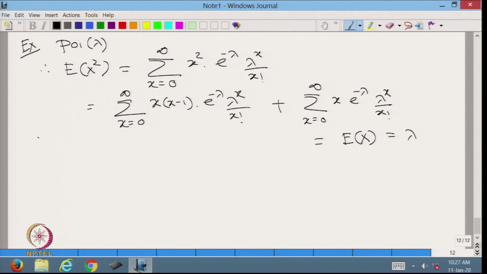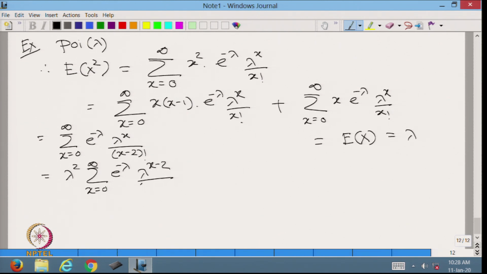This, on the other hand, we can write as sigma x equals 0 to infinity of e to the power minus lambda lambda power x upon (x minus 2) factorial, which is equal to, if we take lambda square out of the summation, sigma x equals 0 to infinity of e to the power minus lambda lambda to the power x minus 2 upon factorial (x minus 2), the sum of probabilities for a Poisson random variable.